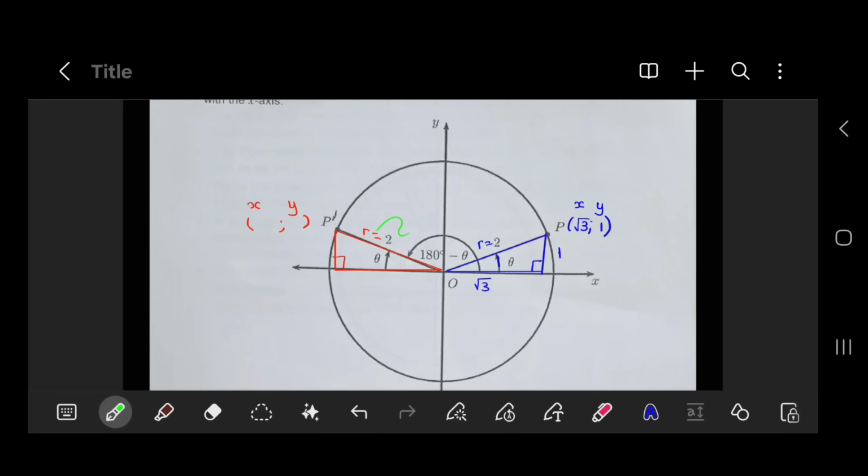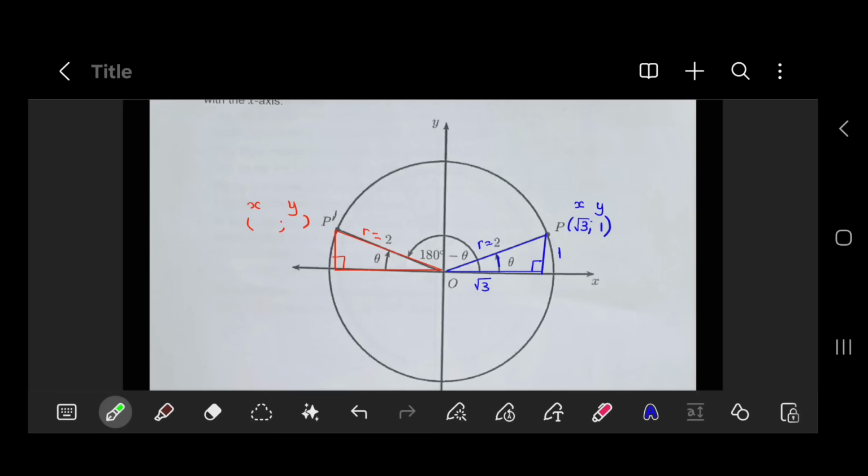the red triangle and the blue triangle are the same. They are the same in the sense that we have taken the blue triangle and flipped it over the y-axis to get the red triangle. Basically, we have reflected the blue triangle about the y-axis. And what happens when you reflect points over the y-axis?